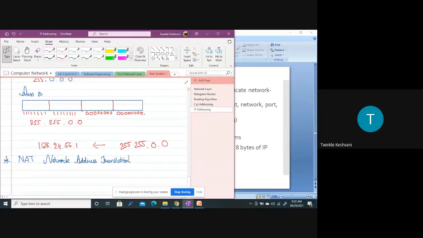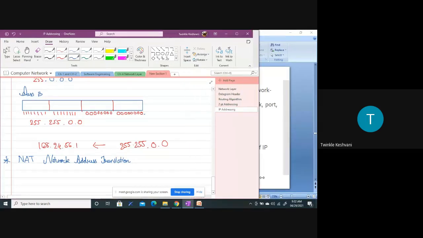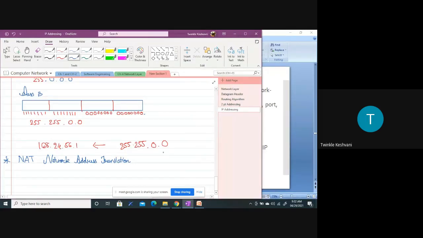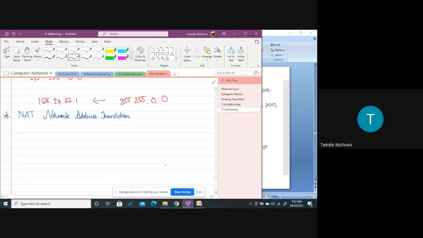Now, there are two things that need to be understood: the network inside IP address and the network outside IP address. So first of all, we'll look at the net inside IP address.